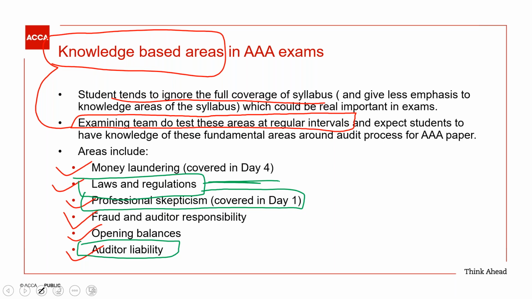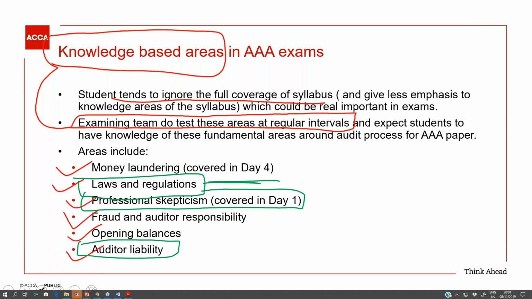I even recommended the article on NOCLAR, non-compliance with laws and regulations. I hope you remember that. If any one of you has taken the live day 2 session, I recommended NOCLAR as an article, because we were doing a question then on day 2 which had a requirement pertaining to laws and regulations.